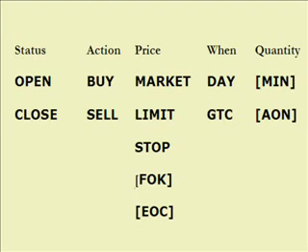And there's something called fill or kill, which is immediate, either it's there or not, and execute on close, which is used by mutual funds and professional traders. It just takes the last price of the day.